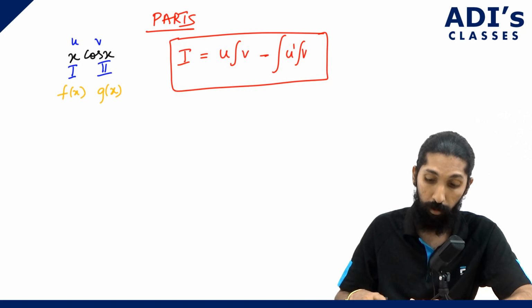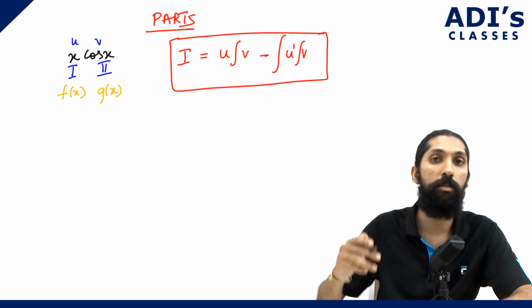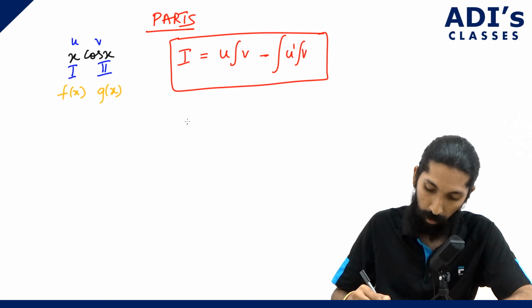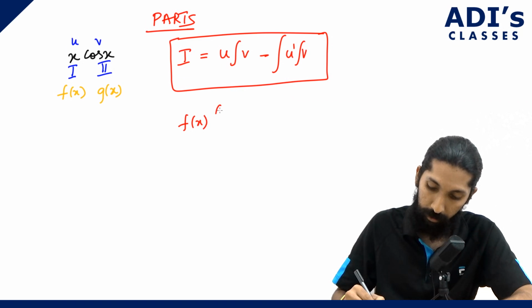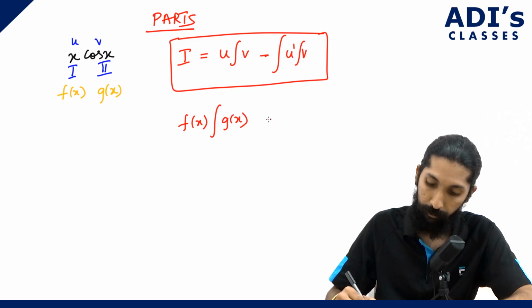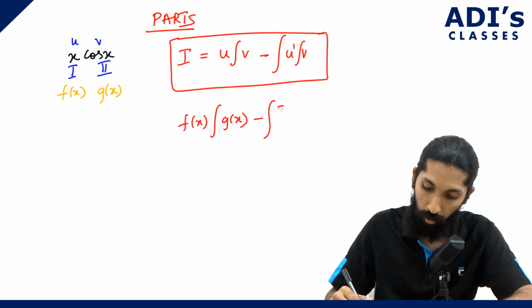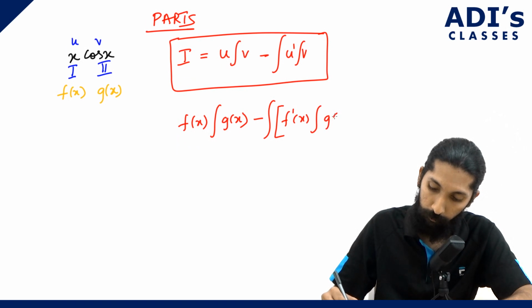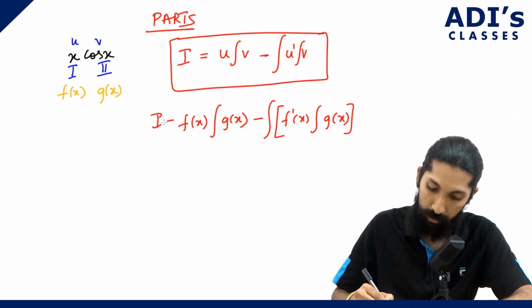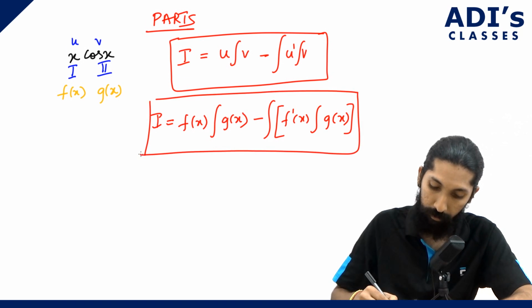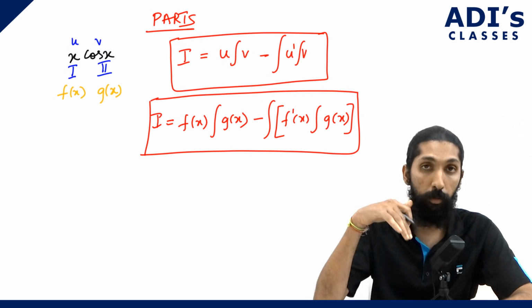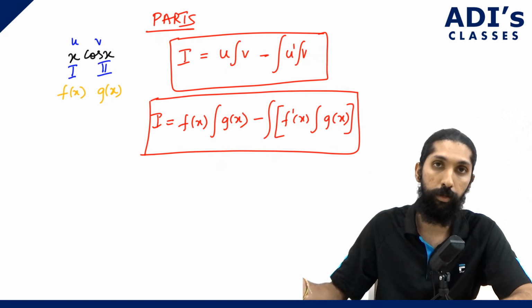Suppose you're doing it by f of x and g of x, because some books give it this way, then I is equal to f of x into integral of g of x minus integral of f dash of x into integral of g of x. So this is basically the entire formula. Fair enough?